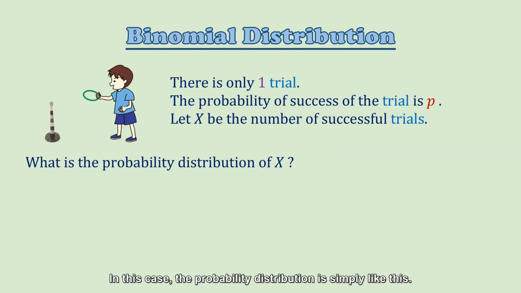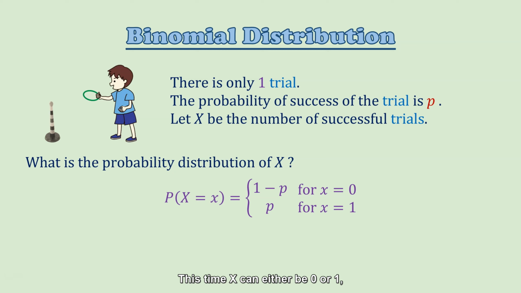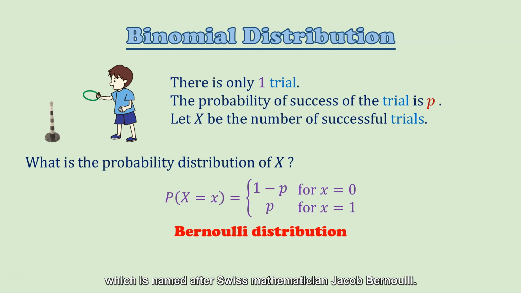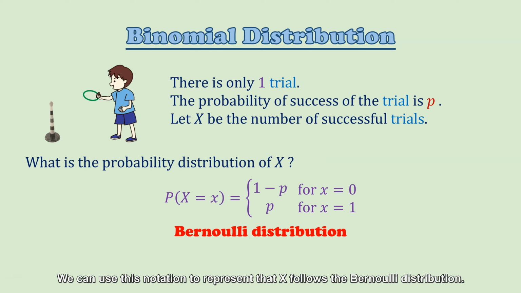In this case, the probability distribution is simply like this. This time X can either be 0 or 1, and the respective probabilities are just 1 minus p and p. This simple probability distribution is called the Bernoulli distribution, which is named after Swiss mathematician Jacob Bernoulli. We can use this notation to represent that X follows the Bernoulli distribution.